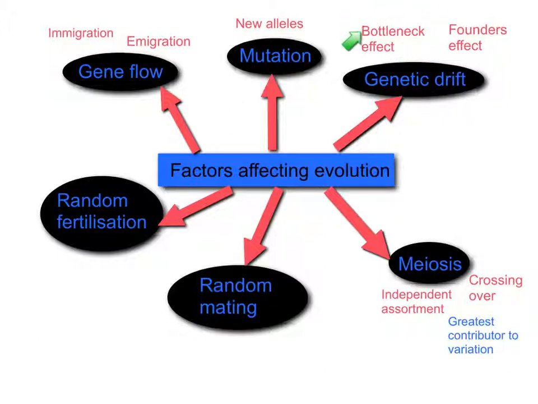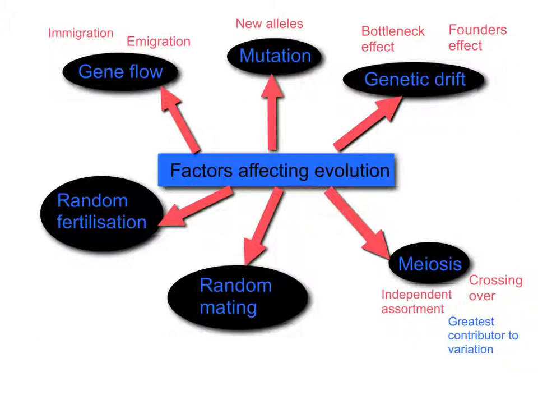So remembering that the bottleneck effect is where a population is reduced to a very small number, sometimes due to a catastrophic event, so it could be like a landslide or some kind of massive climate change. It could also be due to random heavy predation by some kind of predator that's killing off a large number of that particular population.